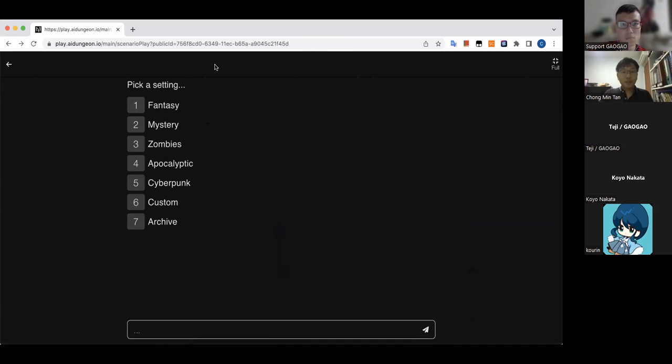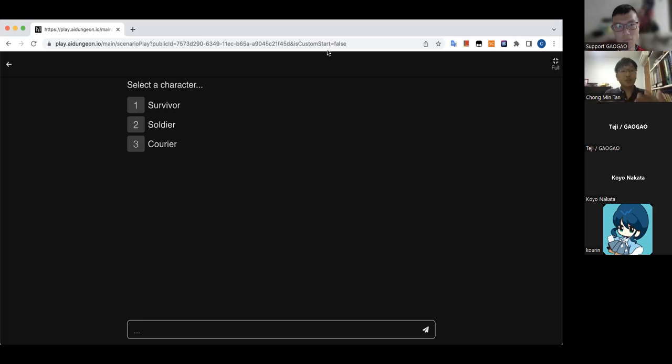Now we just go with number 4, apocalyptic. Which one? Survivor, soldier. When you select all these characters, they have some background text that they feed the model, which helps it generate text later on. Let me pick one for you. I think we can pick survivor.